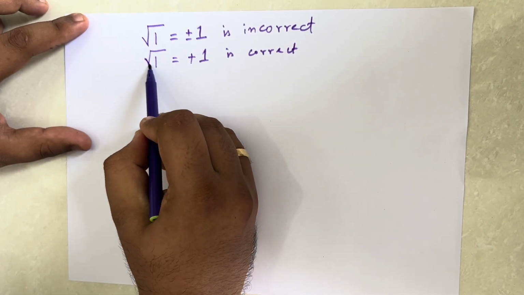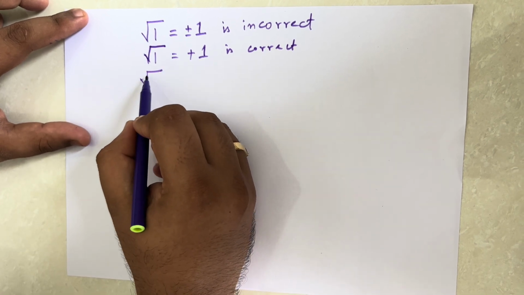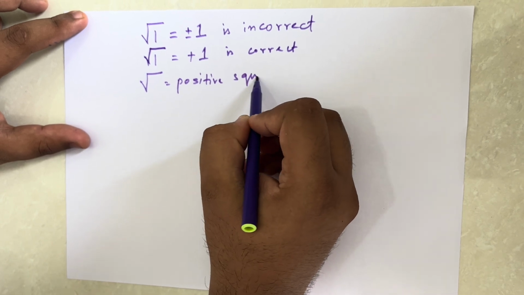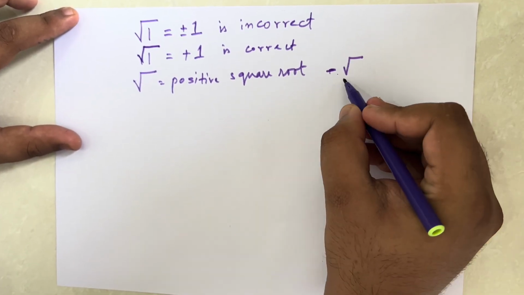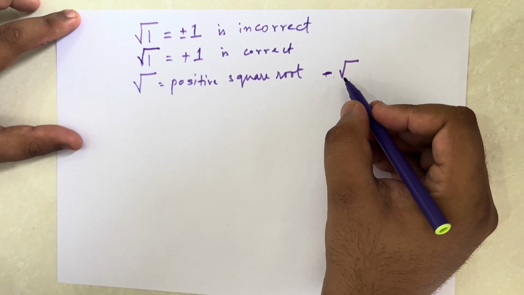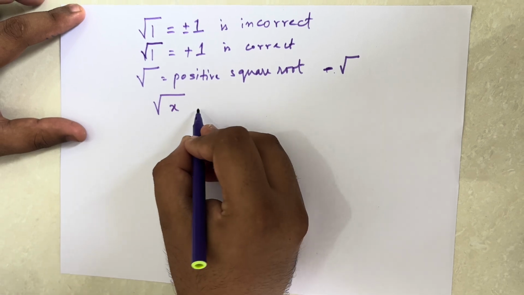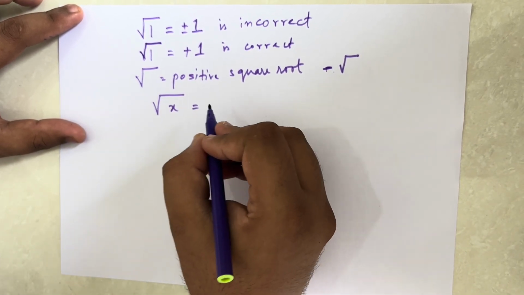This symbol means a positive square root, and this symbol means a negative square root. So understand, if somebody is giving you root x, you cannot write it as plus minus x. It will always be plus x.